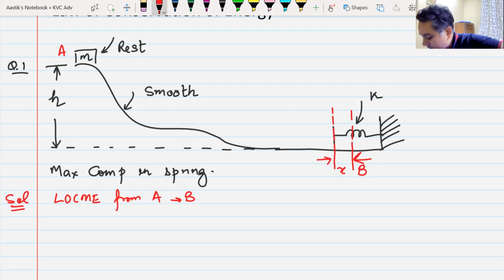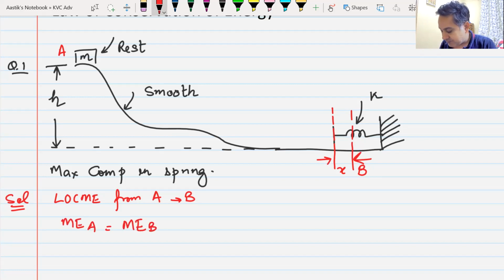So I can apply LOCME from point A to point B. Total mechanical energy at point A should be equal to total mechanical energy at point B.